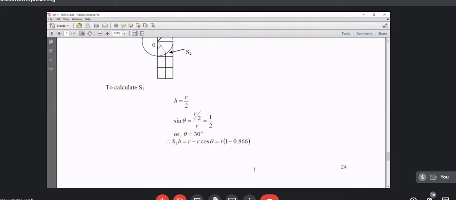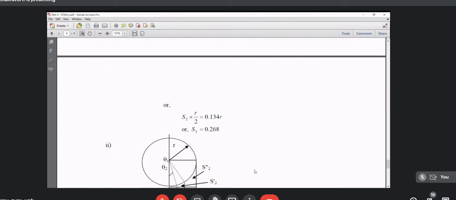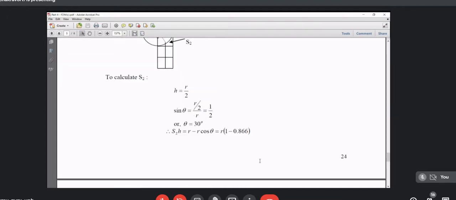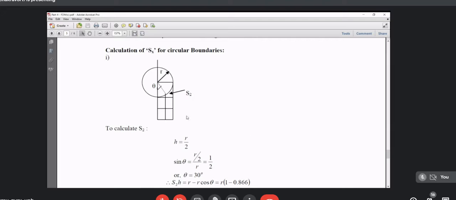That is explained here, so I am not going into that. You are quite capable of doing this derivation. If you do that, you will find that S2 will come out to be 0.268h.